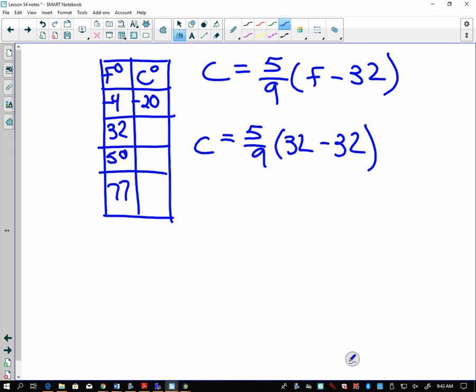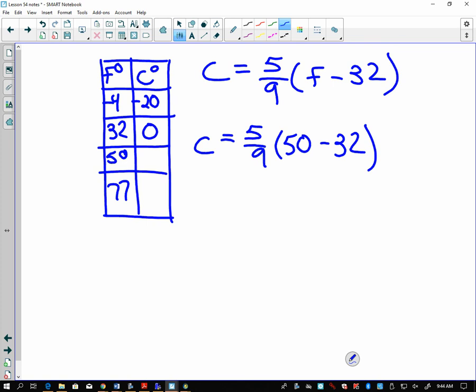Because 32 minus 32 is 0, and 5/9 times 0 is 0. So 32 degrees Fahrenheit is 0 degrees Celsius. When it's 32 degrees outside Fahrenheit, which is what we're used to, it's 0 degrees Celsius. Show your work for that. The next one you're going to do is 50. Can you guys do those?